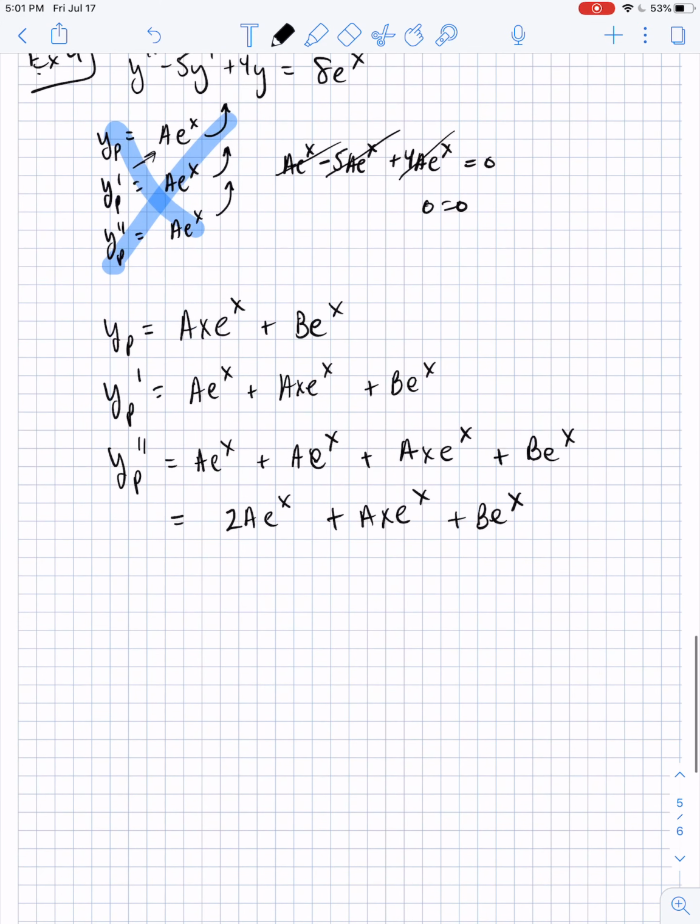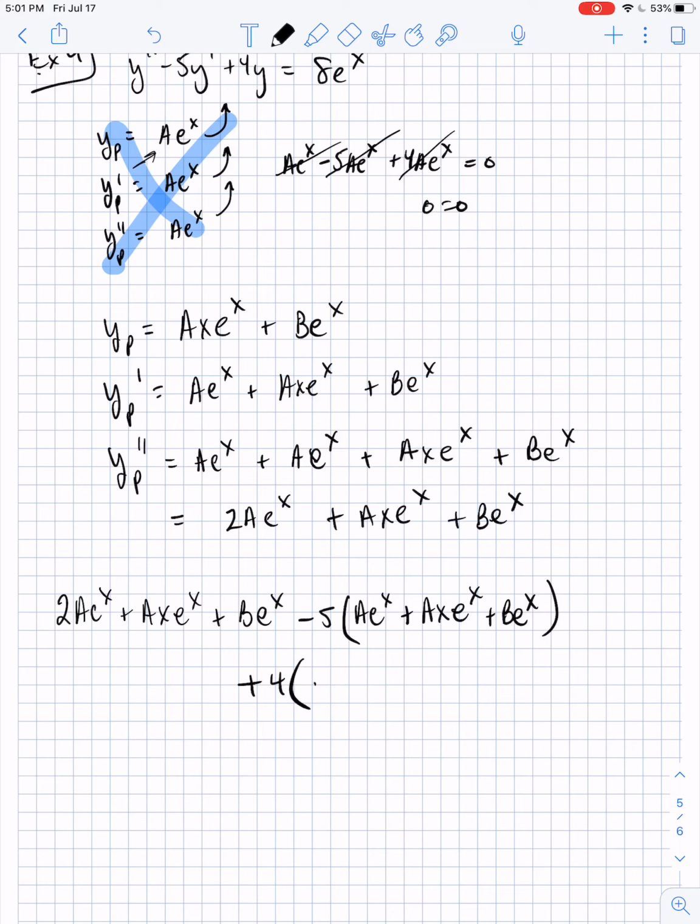All right, now when I plug in, I could then solve, and what will happen is I'll have 2a e to the x plus ax e to the x plus b e to the x, and then minus 5 times a e to the x plus ax e to the x plus b e to the x, and then plus 4 times a.